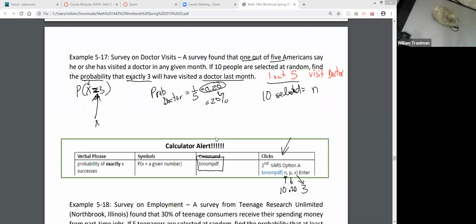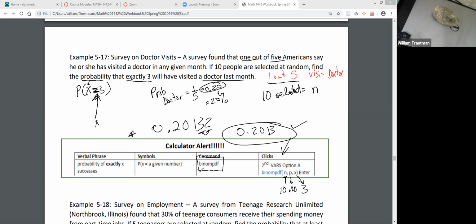So the probability that we have here, the answer will be 0.20132. We take it to 4 decimal places, 0.2013.